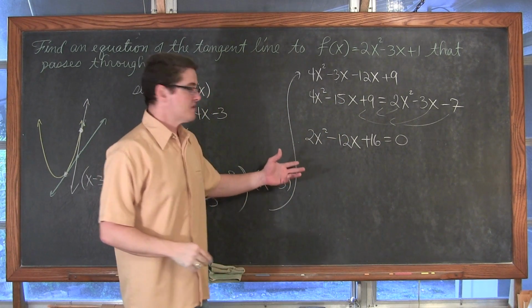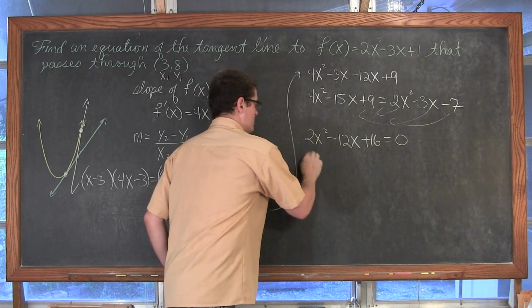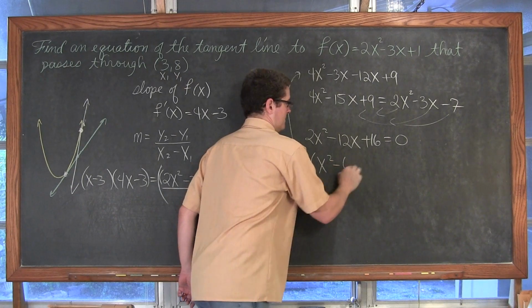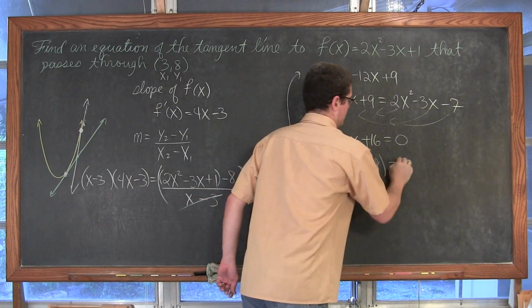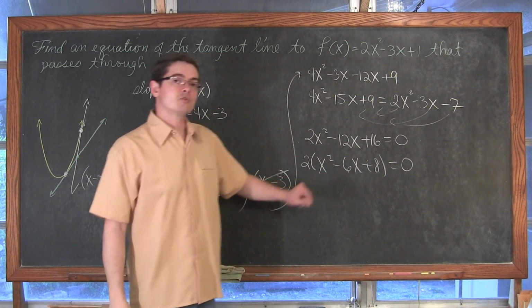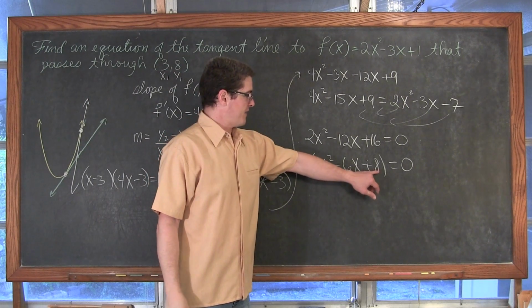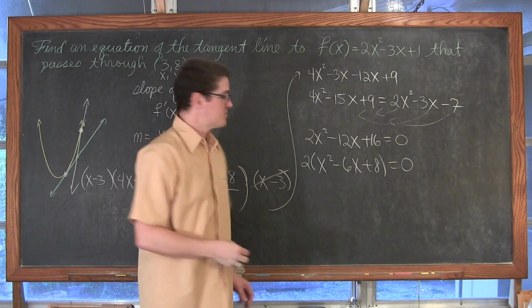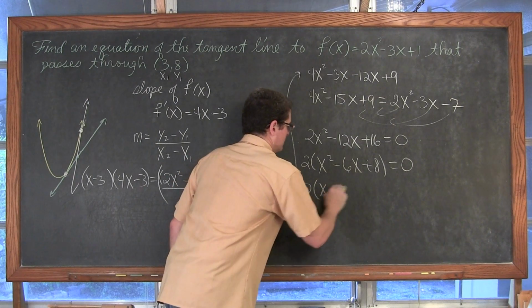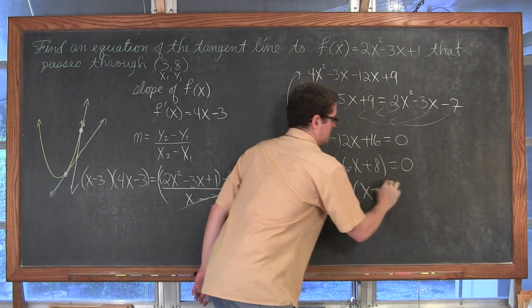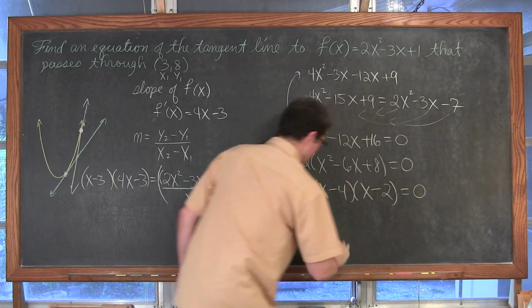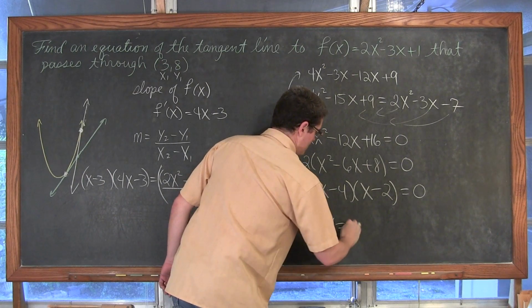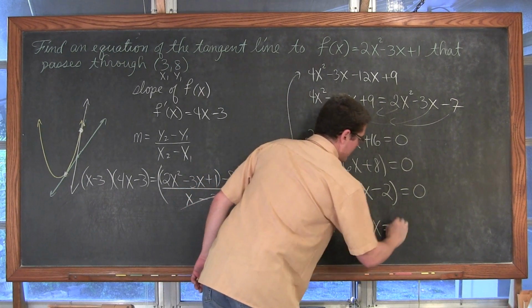We're going to solve this for x, and we're going to take the 2 out first. This is a factorable trinomial. We're looking for factors of 8 that add to negative 6, and that's going to be negative 4 and negative 2. So our points of tangency are at x equals 4 and x equals 2.